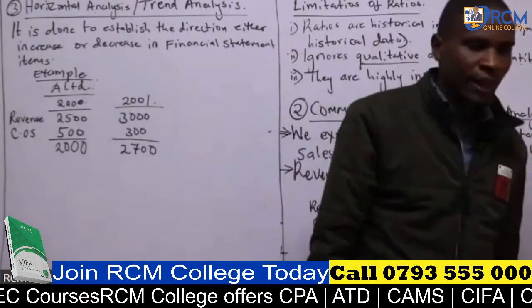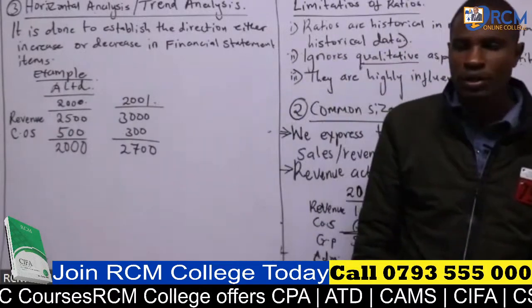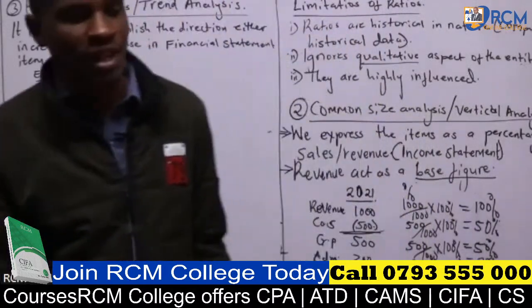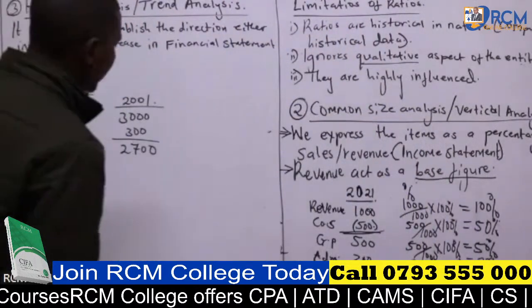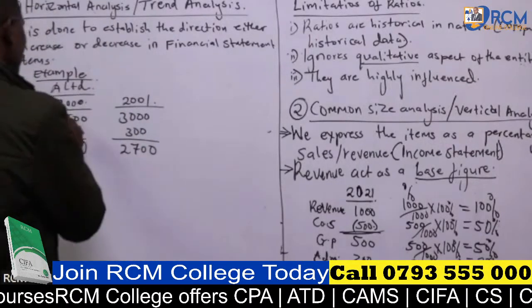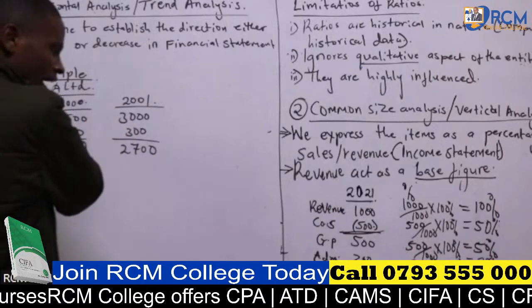So the first thing that you need to look at here is what is the increase or what is the decrease. Was there an increase or a decrease in the first item? Yes, an increase.